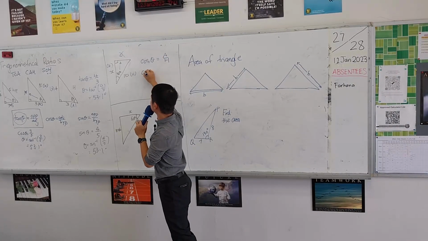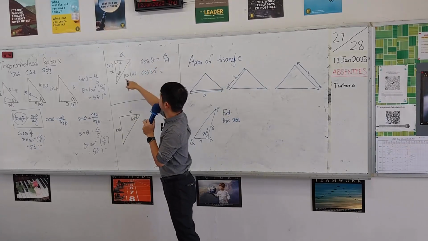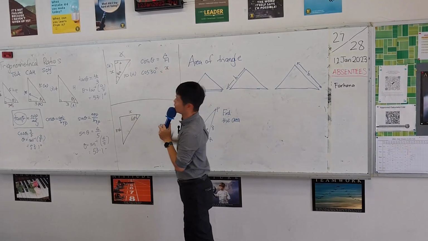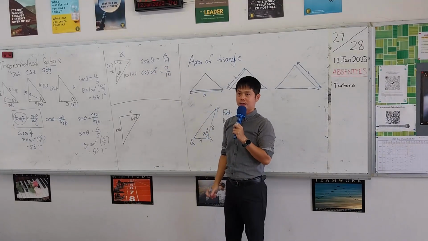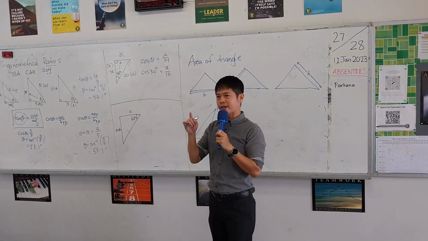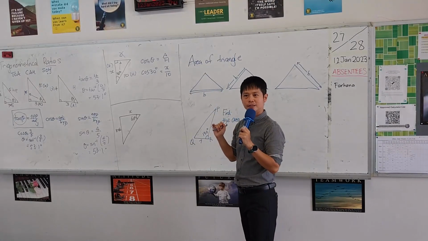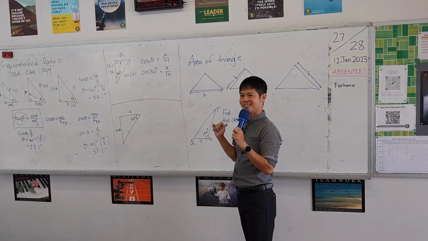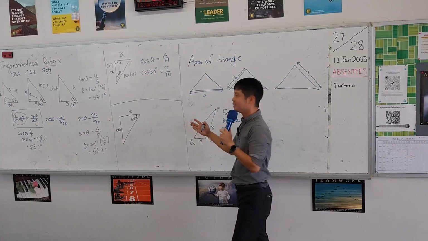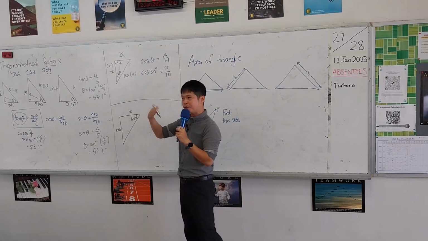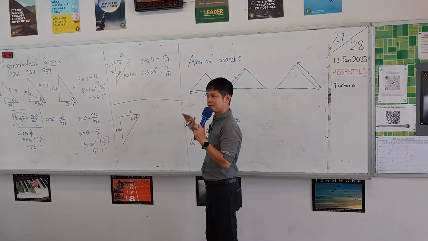Now, I will substitute in the angle, which is 30 degrees. I have the adjacent as x and the hypotenuse as 10. Do you all know how to find the value of x from here? This is a different type of example. Instead of doing the inverse cosine, I have to find x on the other side.